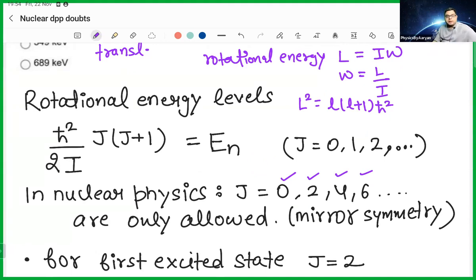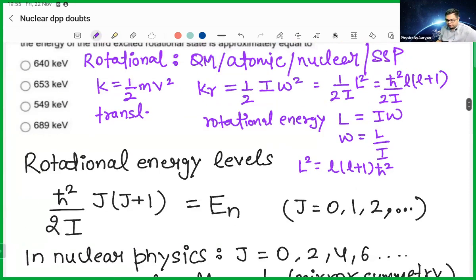The idea I obtained is that the nucleus can distort, but it always has to maintain the mirror symmetry while distorting. In order to satisfy that condition, J cannot take the values 1, 3, 5, and 7. We don't need much more detail about that. In nuclear physics, J can only take the values 0, 2, 4, 6, 8, and so on.